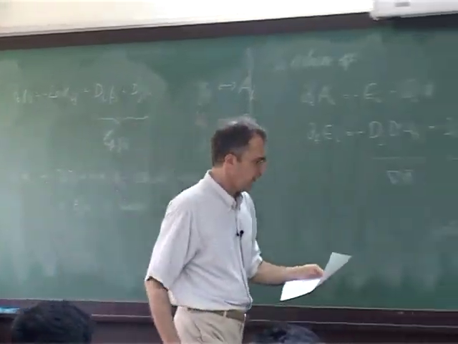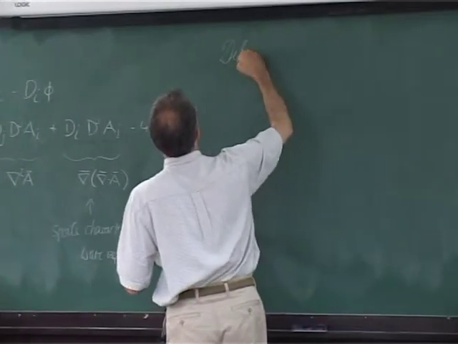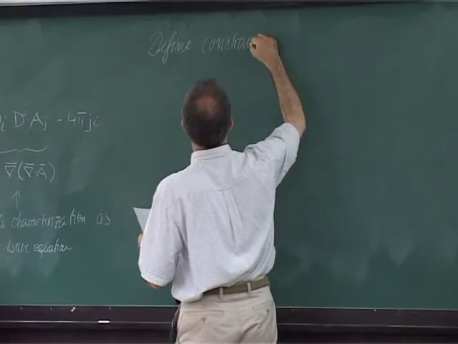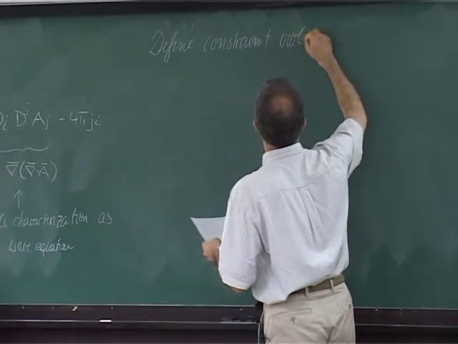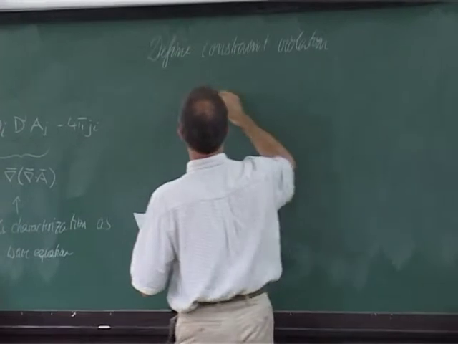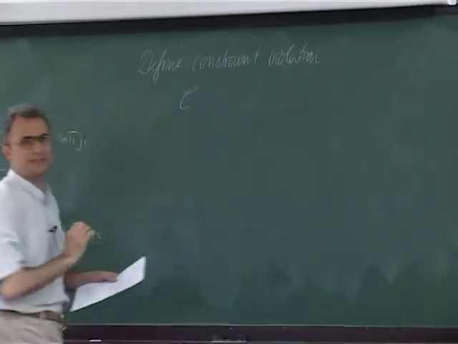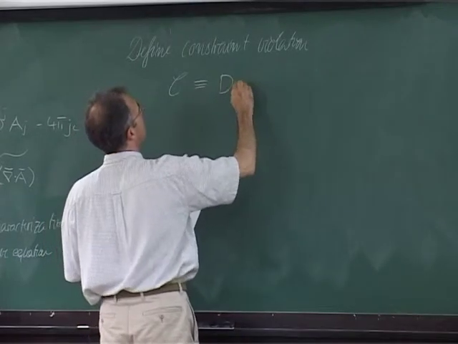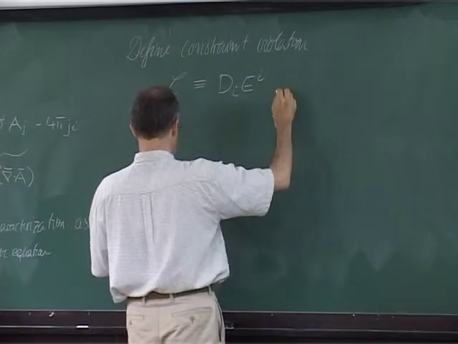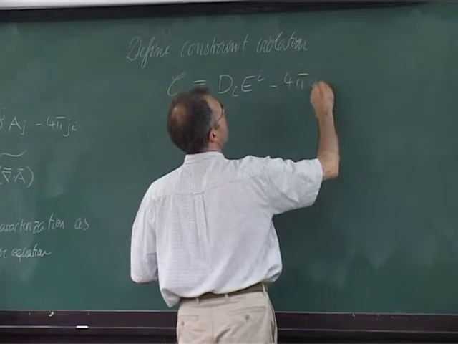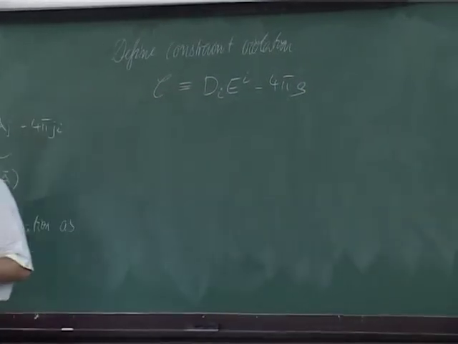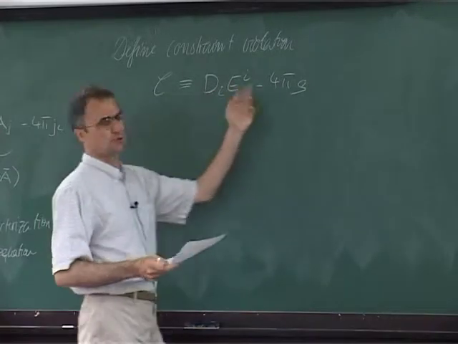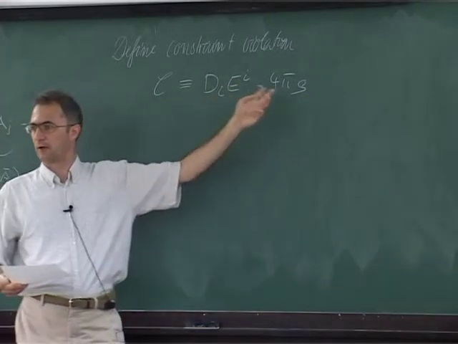So what I want to do is this. I want to define a constraint violation as the following. I'll use a curly C for this. I'll define this as the divergence of E minus 4 pi rho. That means if the constraint is satisfied, then C is exactly 0. But maybe we use this now to check whether we have numerical error in our code.